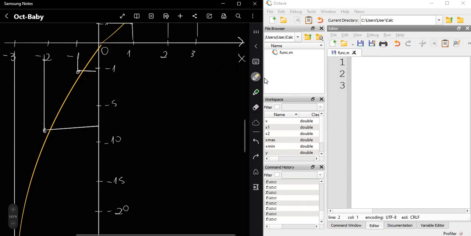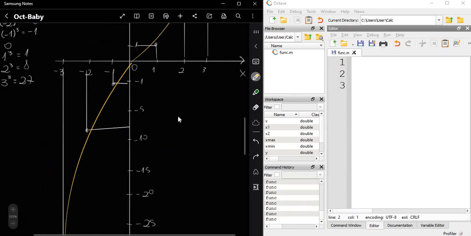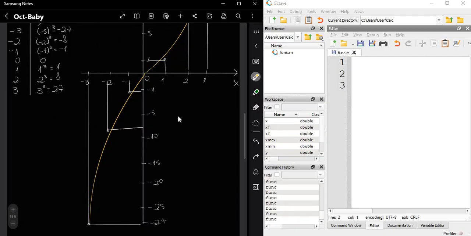And we can even, right here in Octave, discretize this function. So right now we are talking about a problem of signal processing. And why we will discretize this function, I don't know.